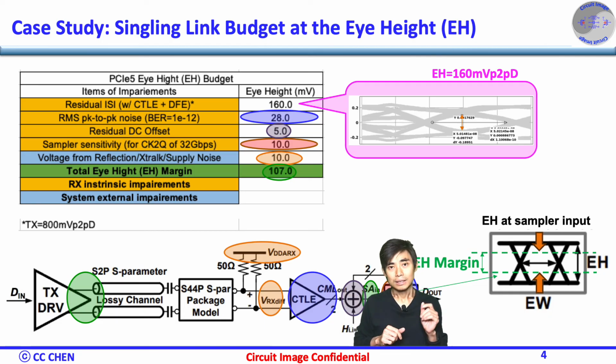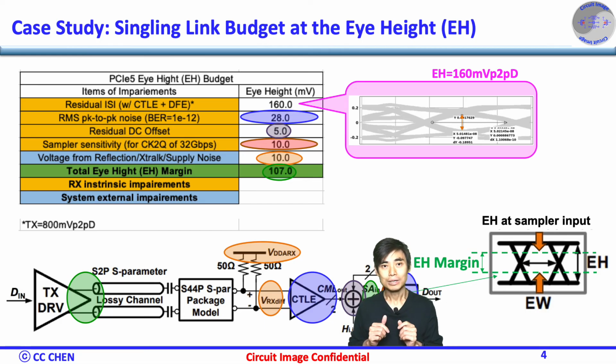Fourth, the SI and PI from the reflection, crosstalk, or supply noise would be another 10 mV. Lastly, the sampler sensitivity could be 10 mV according to the required timing and the clock-to-Q delay at the target data rate. Therefore, the overall voltage margin of the eye height in the link budget is 107 mV.